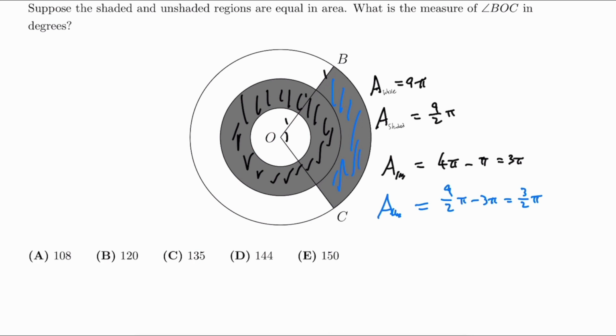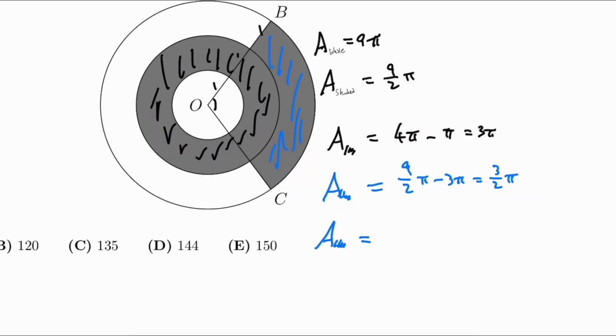Now, the blue region can be found another way. Find the proportion of which the blue is with respect to the whole big ring, and that will be angle BOC over 360 degrees, which is the whole thing, and that multiplied by the area of the ring, which is 9 pi minus 4 pi.